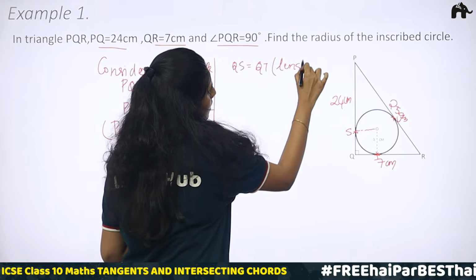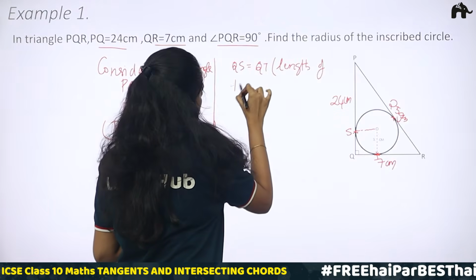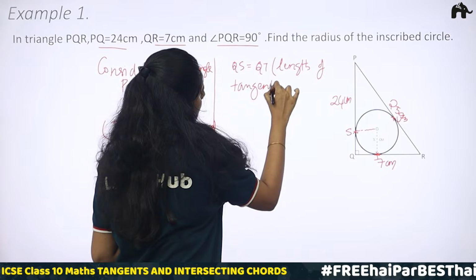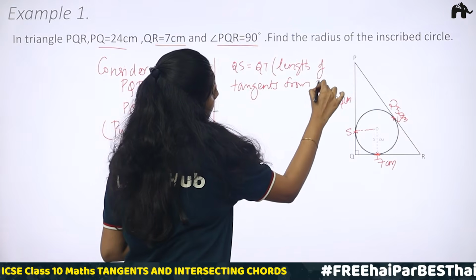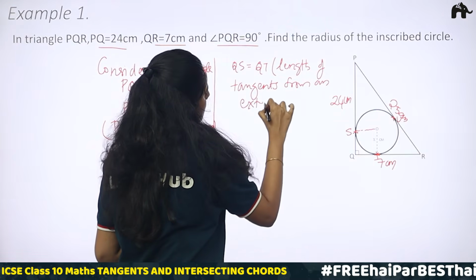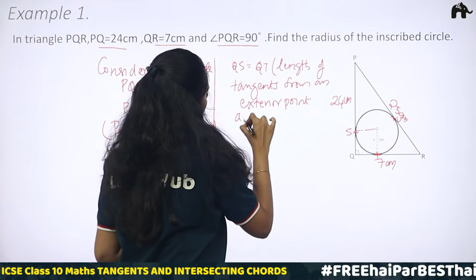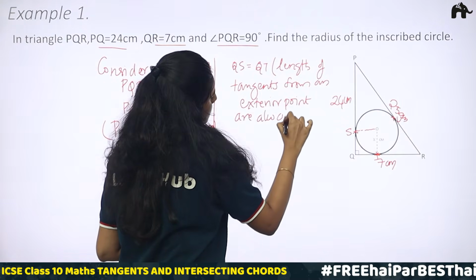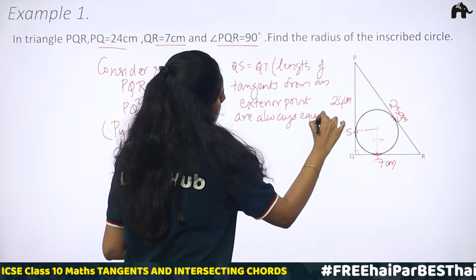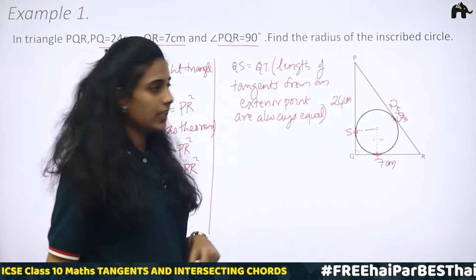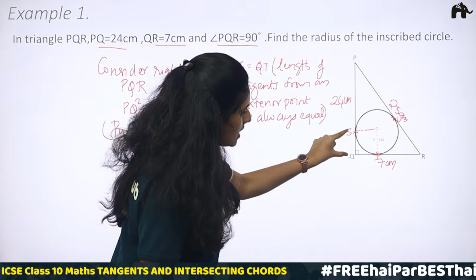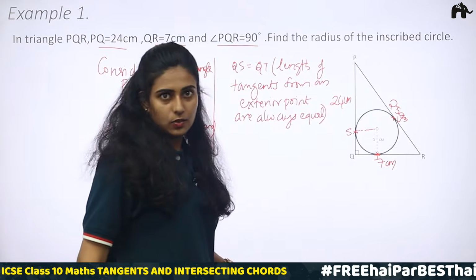Length of tangents from an exterior point are always equal. Okay. So, we have SQ and QT equal.